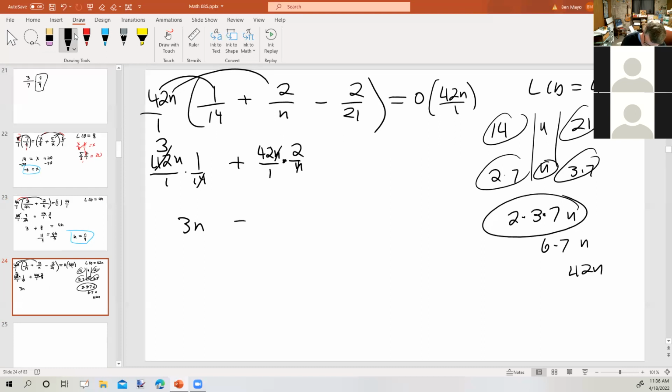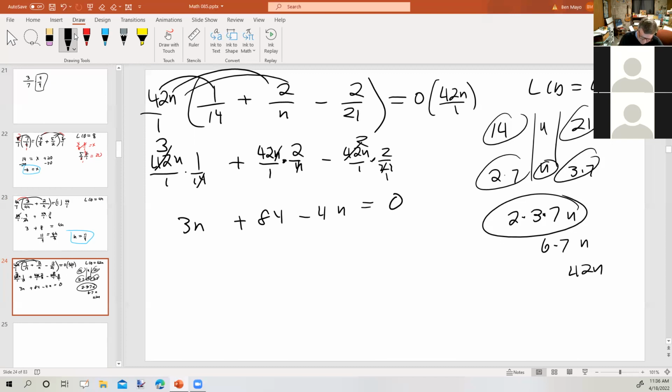The n's reduce, and I get plus what? 84, and then minus 42n times 2 over 21. 42 over 21 is 2 over 1, so minus 4n equals 0 times 42n is 0.